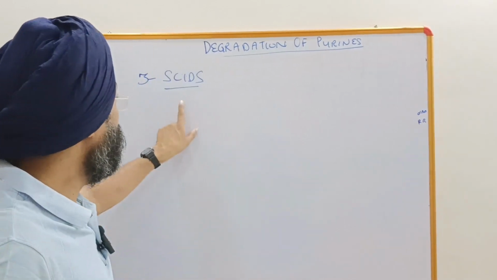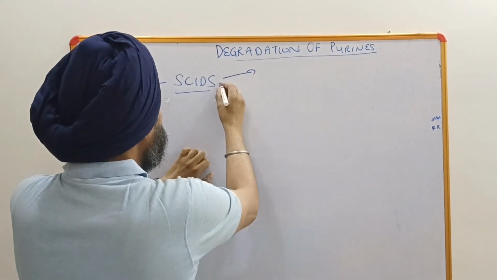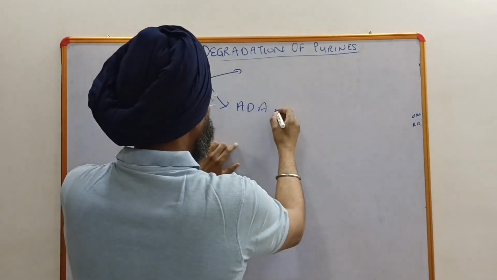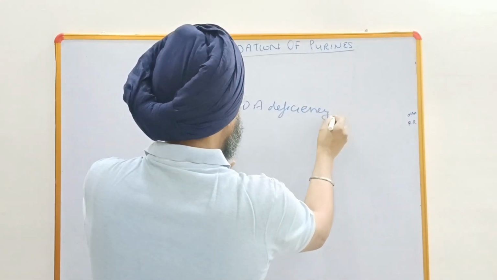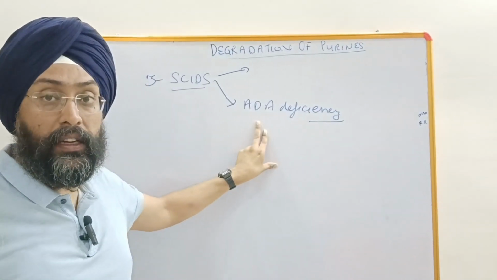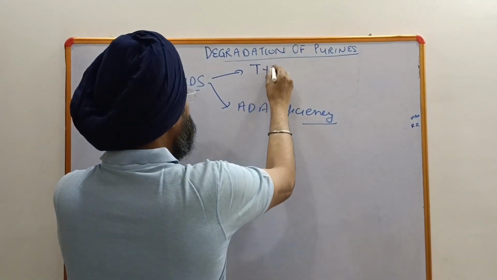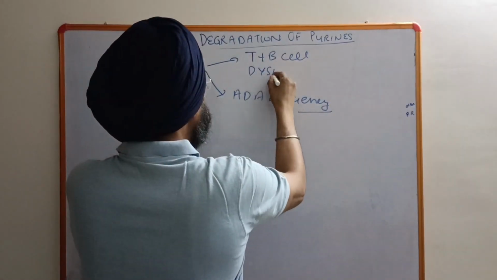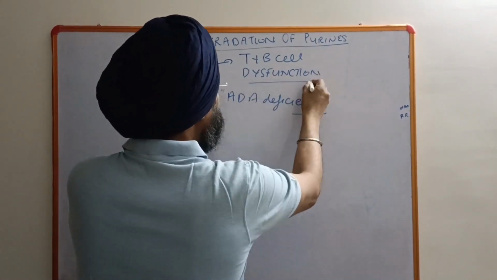And now the third disorder is severe combined immunodeficiency. There is ADA deficiency, deficiency of the enzyme adenosine deaminase, and there is combined T and B cell dysfunction, right?